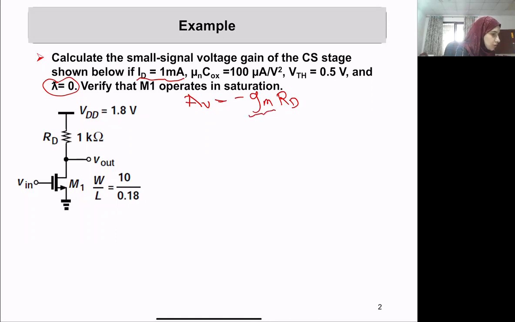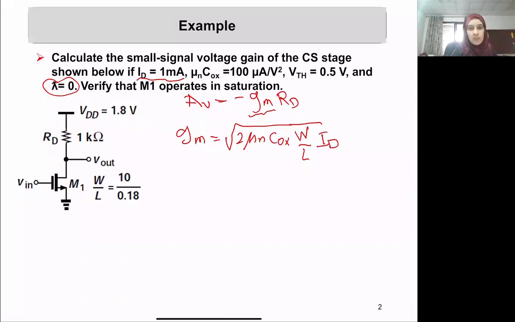If you remember Gm from last class, it was given by this relation: square root of 2 mu n COX W over L, multiplied by ID. You don't have to memorize this relation of Gm. That will be given to you.